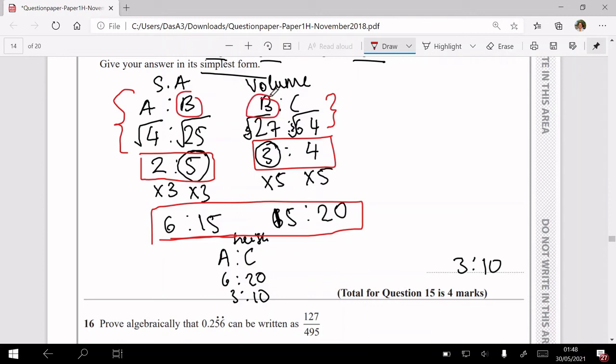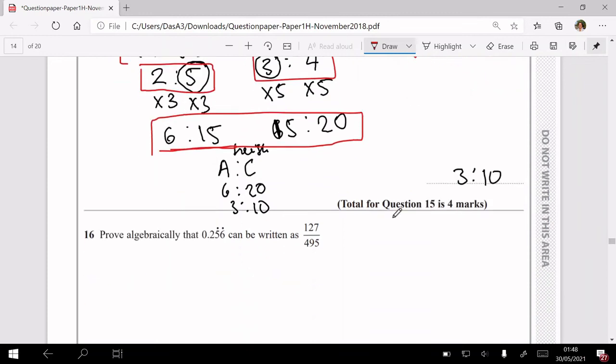Just as a reminder, if you think about it in terms of units, length is in meters, area is in meters squared, and volume is in meters cubed. To go to the length factor, you need to square root the area and cube root the volume. So keep that in mind when you're doing future questions.